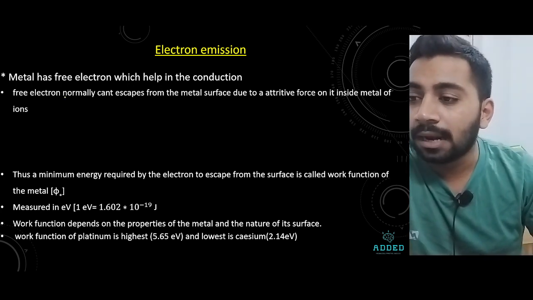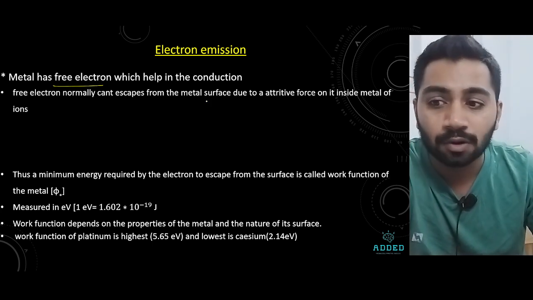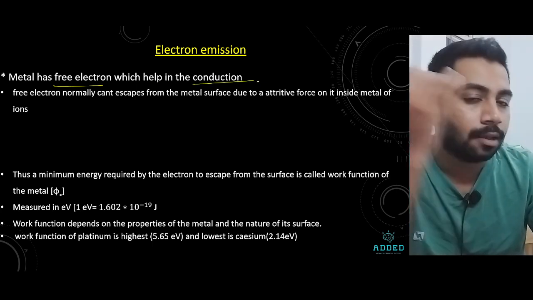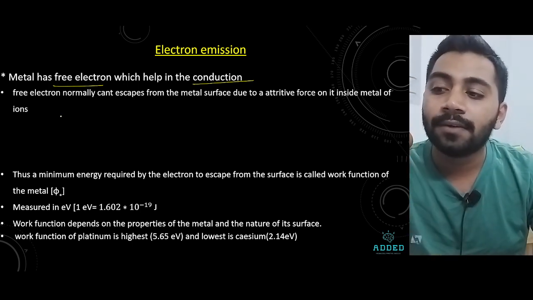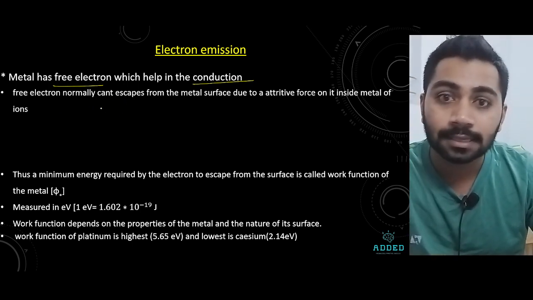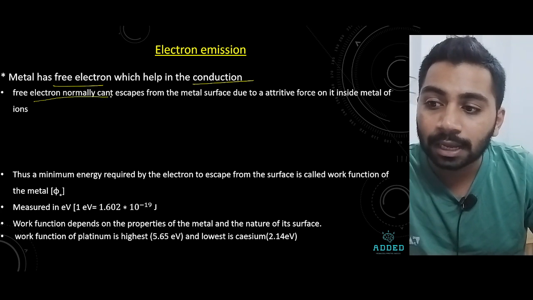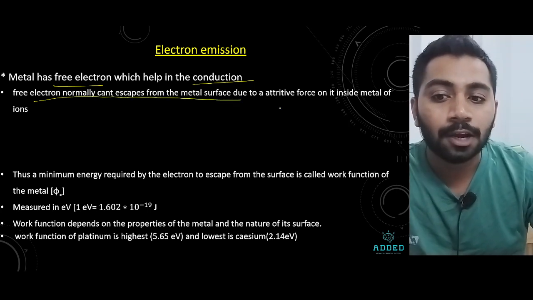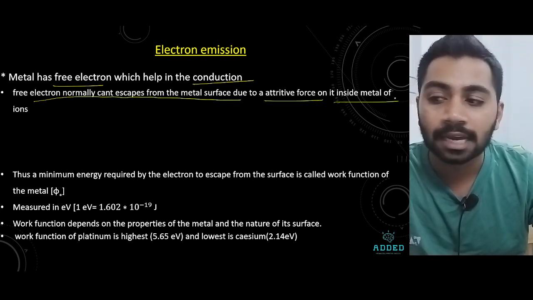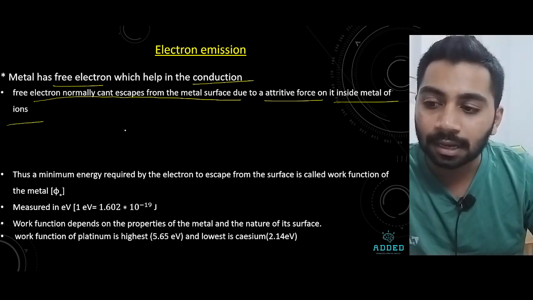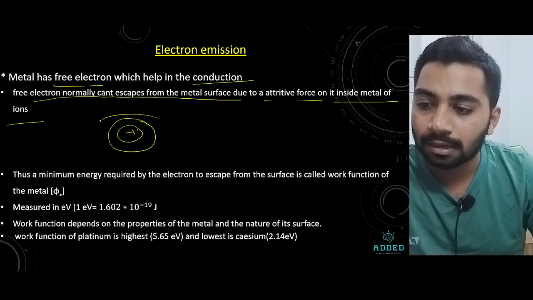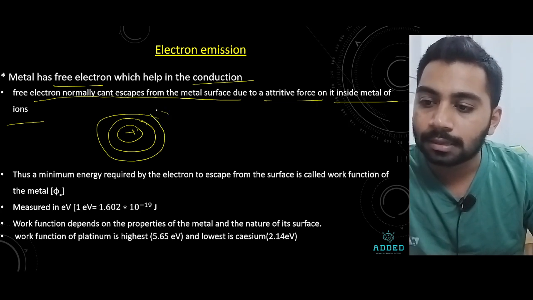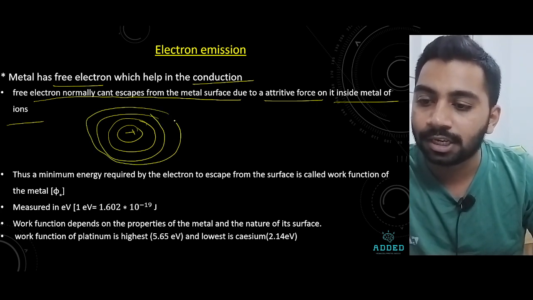Now see, metal has free electrons, which help in conduction. Free electrons normally can't escape from the metal surface due to the attractive force of the ions inside. I will tell you: this is your nucleus, first shell, second shell.